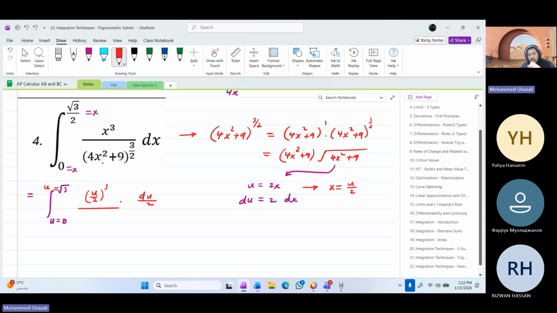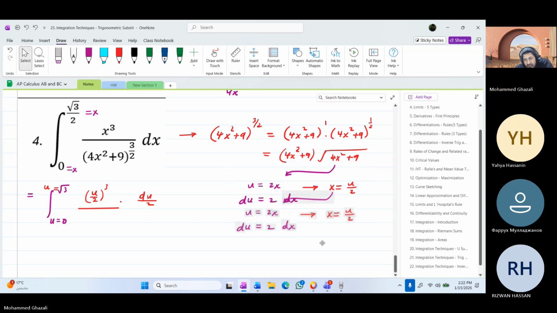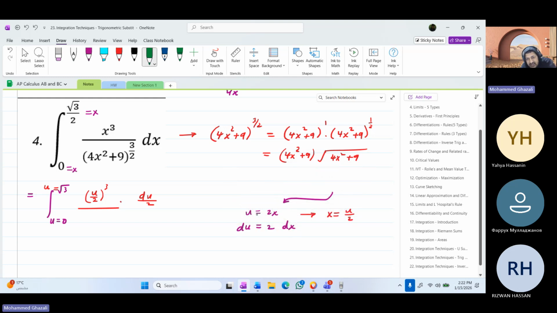What is 4x squared plus 9? What we have here is 4x squared plus 9. I wanted to change the 4x squared like this. The reason why I said let u equal to 2x is because I identified this inside as 2x squared plus 9, and the square root of it.